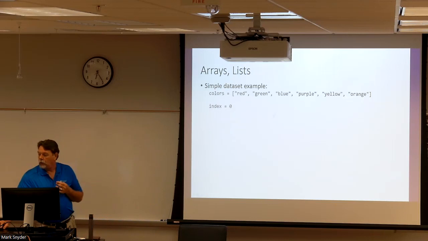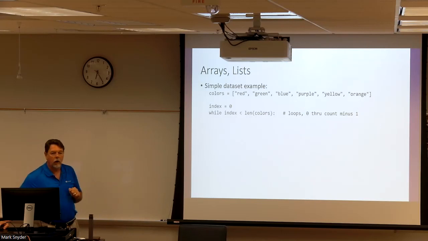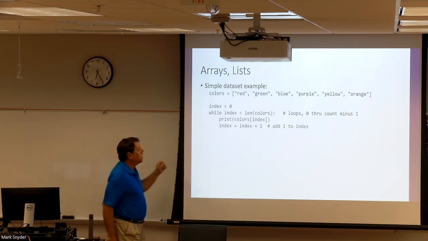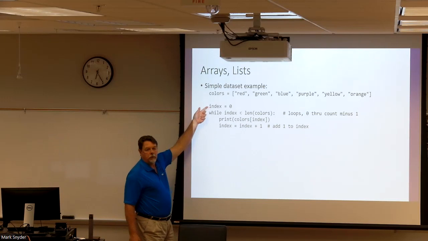Okay, so we want to print all of the items in that list, let's say. We've seen while loops before. We've written programs with while loops a number of times, so this pattern should be familiar. Does that look okay? I set my loop variable to 0.